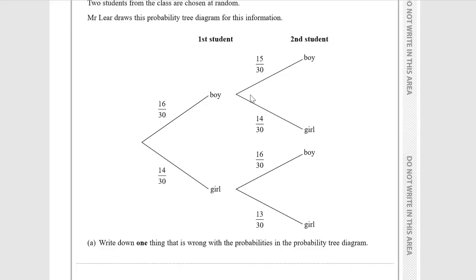Well, the first thing that I notice is that when he picks a boy, which means there's going to be 15 boys, he doesn't do the same thing for the denominator. He doesn't subtract 1 from the denominator, which he should do because he's already selected someone.